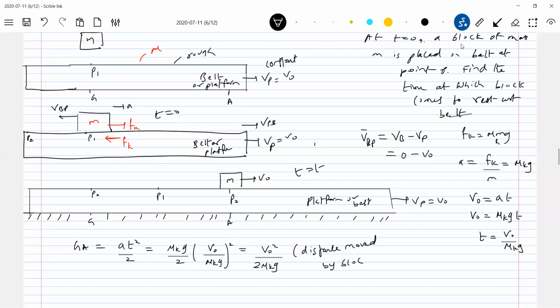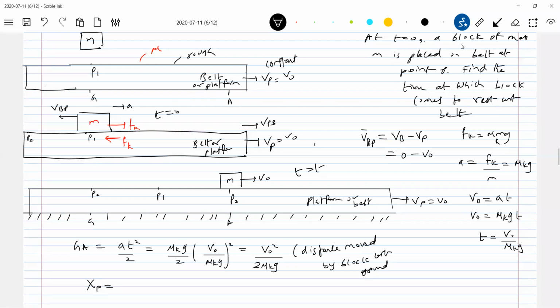Similarly, I want the distance moved by the block with respect to the platform, P1, P2. Apply relative motion and calculate it, or calculate the distance moved by the belt. How much has the belt, the platform, moved in this particular time?